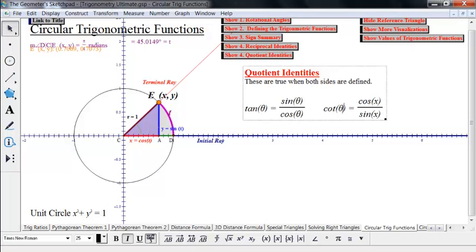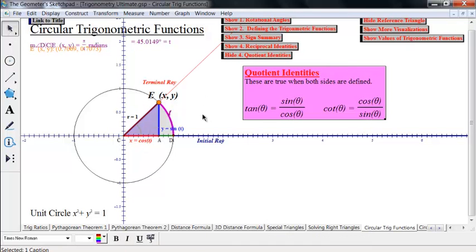Okay, and remember we're calling the x value that we see over in this picture, the red length here, the cosine of this angle theta, which I'm also calling t. T and theta are the same thing. And the y value here is the sine of that theta.